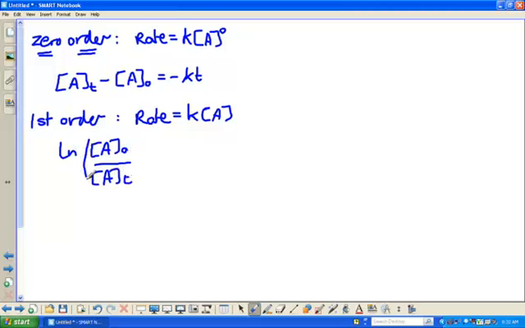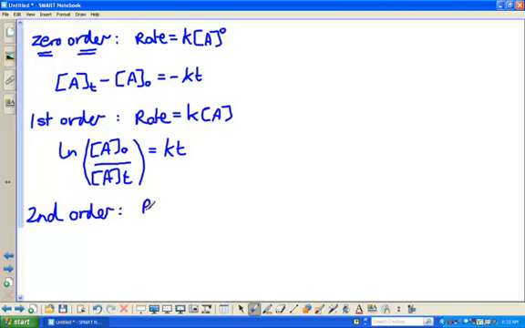The natural log of this whole ratio, ln([A]t/[A]0), is equal to negative kt. So already notice the difference in the integrated rate laws for zero and first order reactions. This is important because you're going to want to make sure that you can understand which equation to use in which situation.